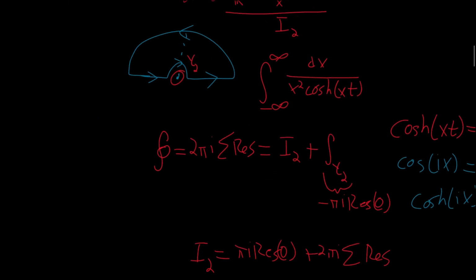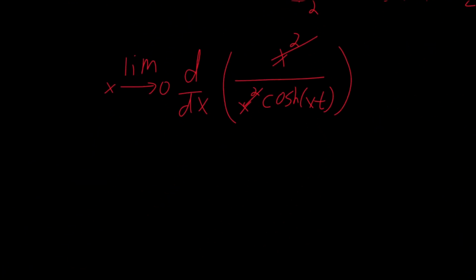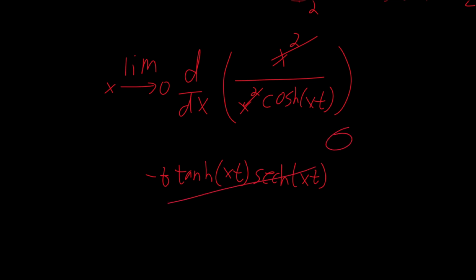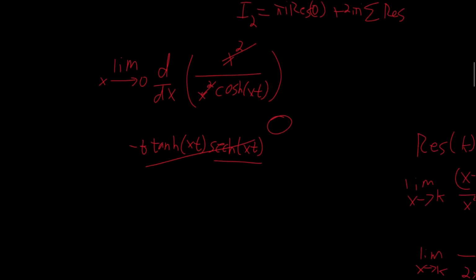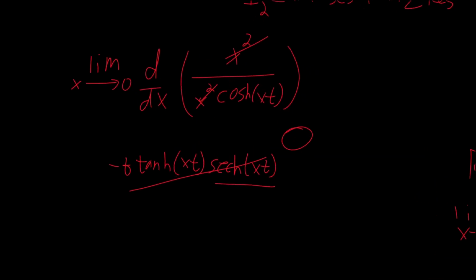So what we actually have is negative t times hyperbolic tangent of xt, and then times hyperbolic secant of xt as well. And what we can do is just plug in 0 to this entire thing, and we'll find that this whole thing just goes to 0. The whole thing is just 0 by virtue of, well, the secant term is just 1, and the tangent term is just 0. So that's that. And even if this was a constant, it would get washed away by the fact that we are doing Feynman's technique, and we are just differentiating. So any constants would just go away anyway.